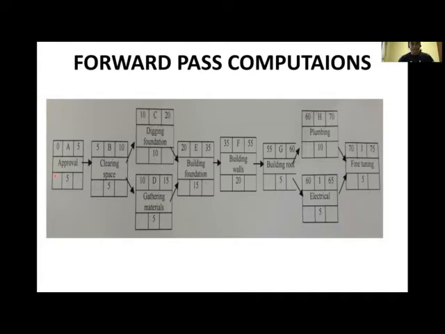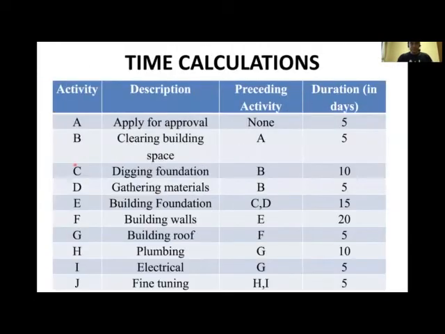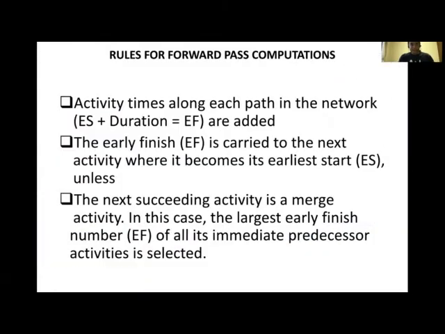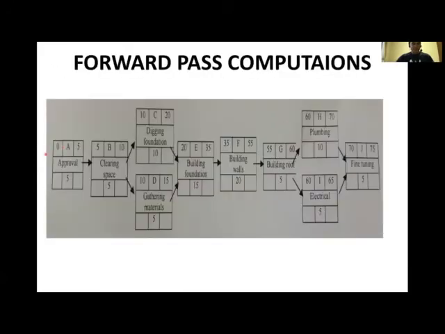Very, very important. So now, remember the first activity was approval. If I take you back to the WBS, the first activity is apply for approval, and it has the duration of what? 5. And it is a start activity, so it will start with a 0 as the early start.